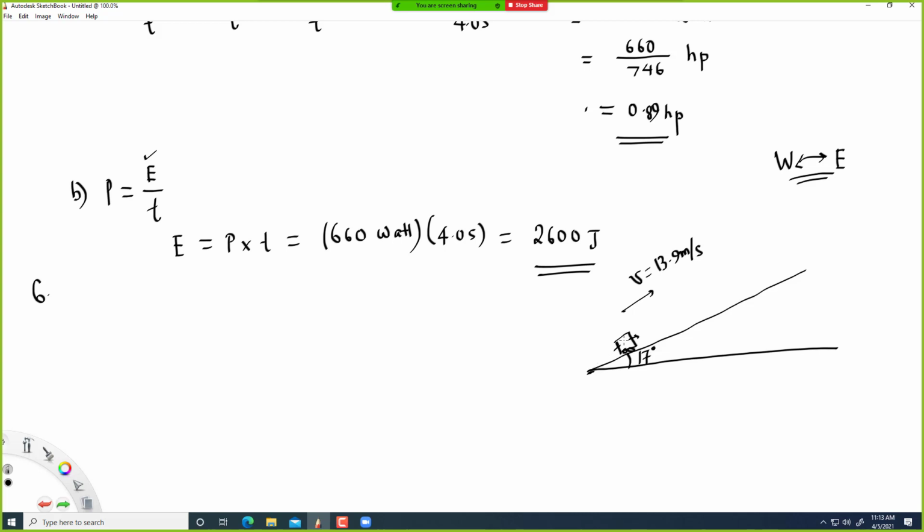We know that friction and drag force are always opposite to the motion. So the car is moving to the right. That means there must be friction and drag in the opposite direction. So let's write F for friction and drag. Okay, it's combined. So let's just write F. It's 890 Newton.